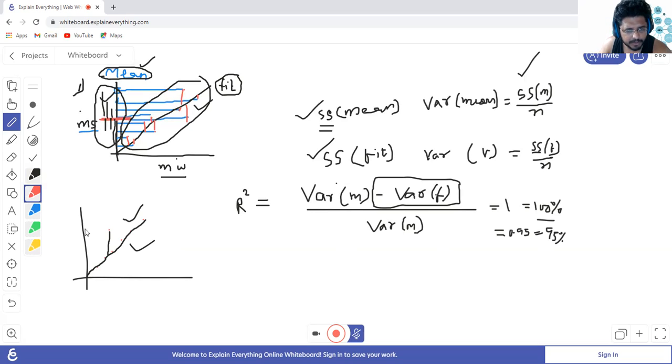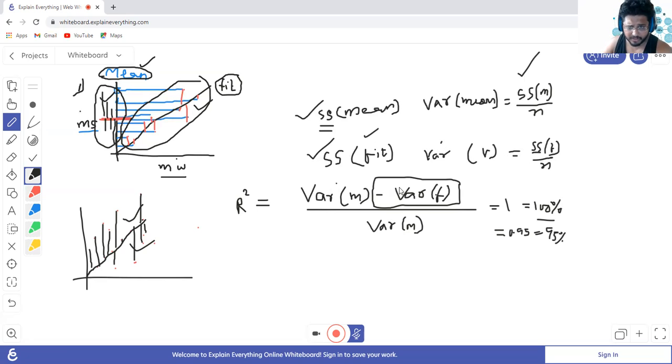Okay, now suppose more dots come and the distribution becomes more scattered, so the errors will increase. This error will increase, then the SS fit value will also increase. When the SS fit value will increase, then the variance also will increase.